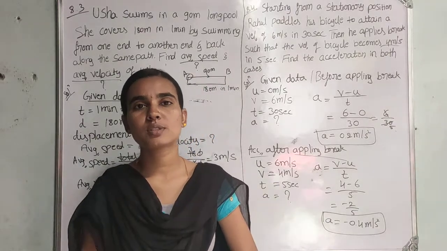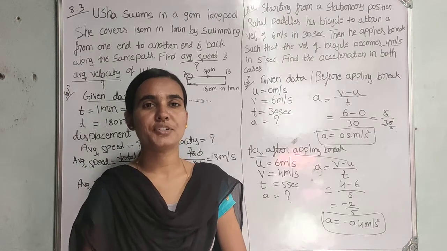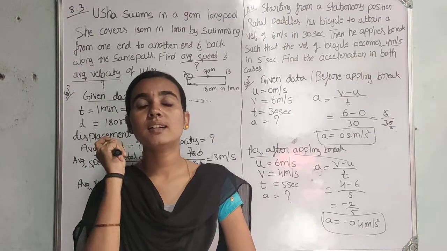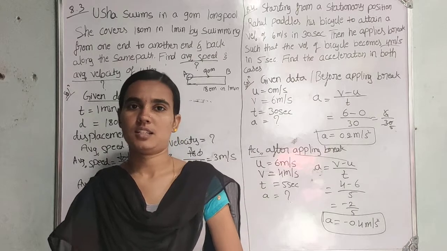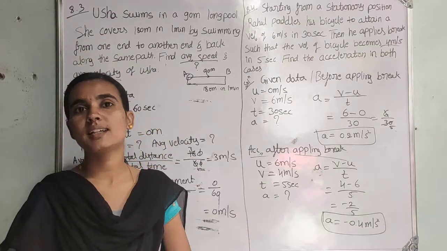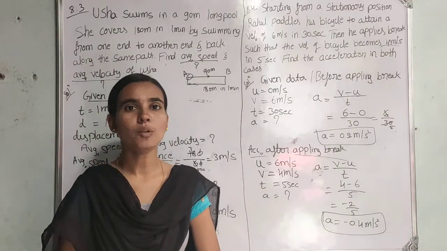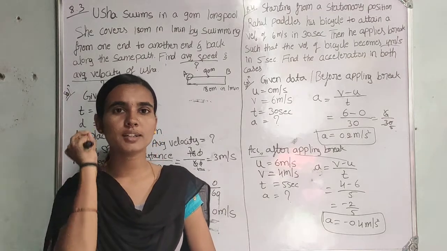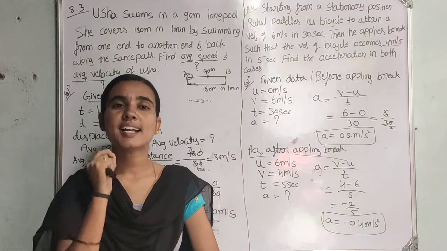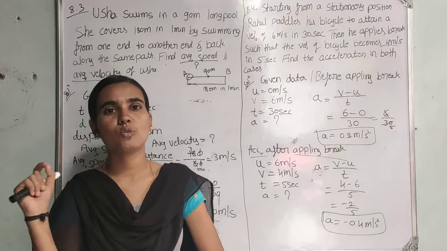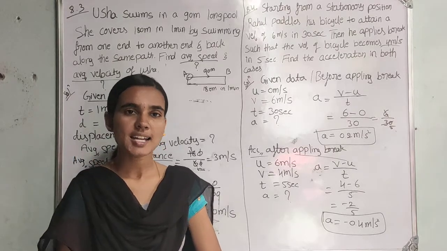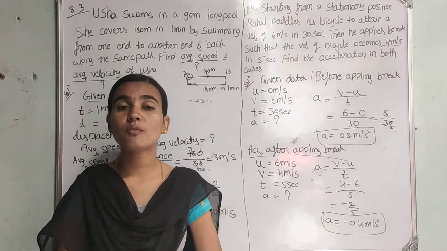When are we going to say that a body is in uniform acceleration? When there is an equal change in the velocity. At that time we say that the body is in uniform acceleration. We already know the definition of acceleration. Acceleration is nothing but the rate of change of velocity.